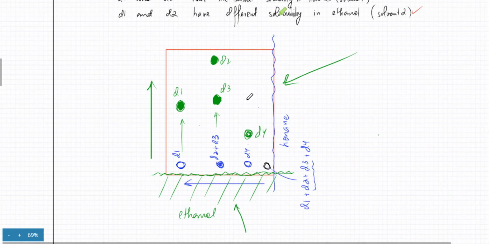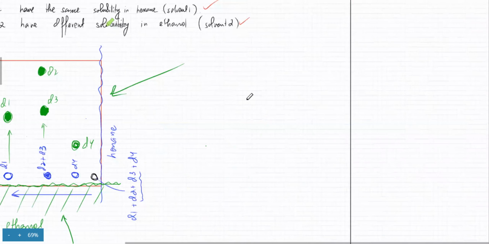Okay. I said now sometimes you'll be given values. For example, the first type of question that you're going to get is you're using solvent 1 and solvent 2. Let's call it S1 and S2. So for example, there's dye 1, and they're saying that the RF value, okay, these are RF values, is 0.5, and for this it's also 0.5.